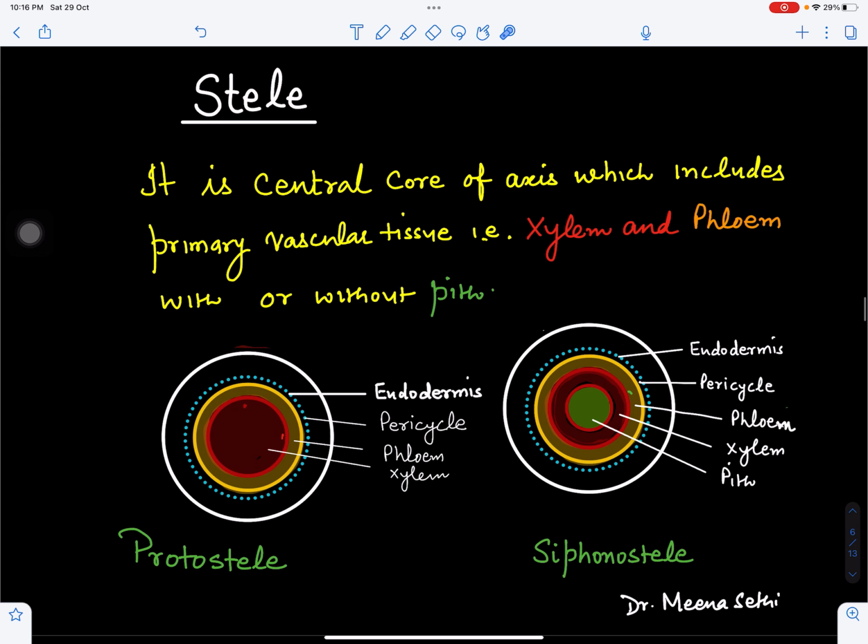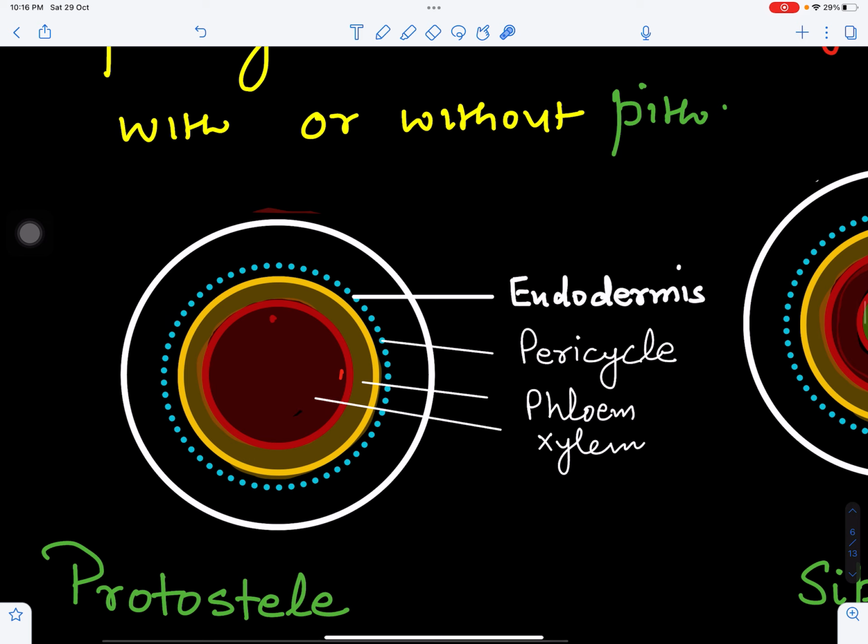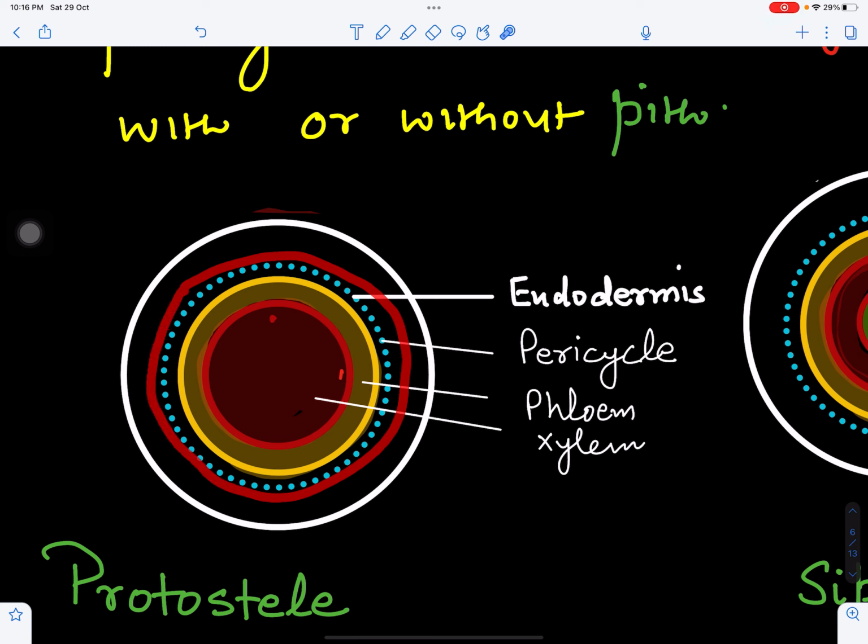So here we can see that this part is the outermost part, epidermis, and this part is the stelar part, stele part. We can see here this stele is delimited from the cortex by a layer called as endodermis. Then inner to endodermis is this layer is pericycle.